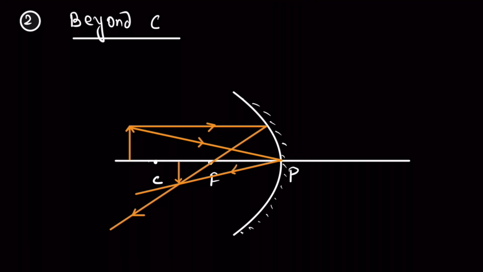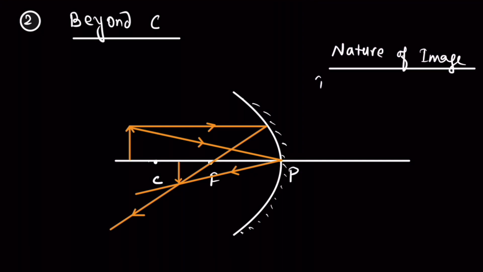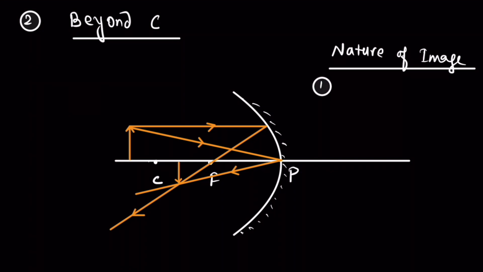Both the reflected rays will meet between C and F, and it is diminished, not highly diminished, but diminished, and it is real and inverted because object and image are both on the same side. So what can we write for the nature of the image? First, it is diminished.